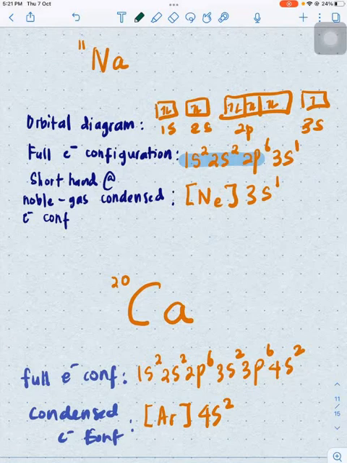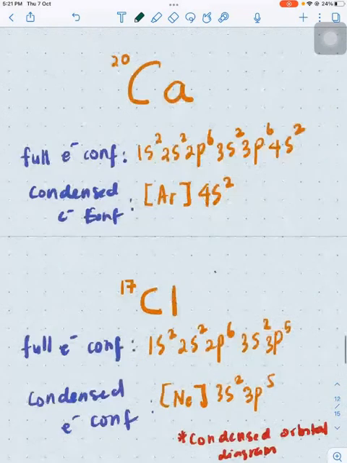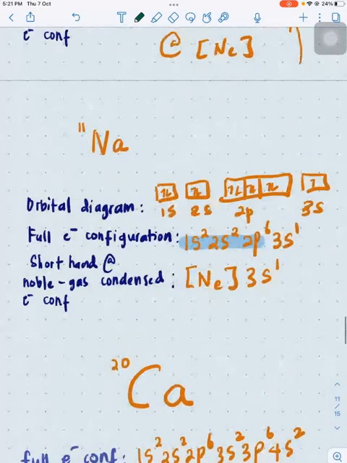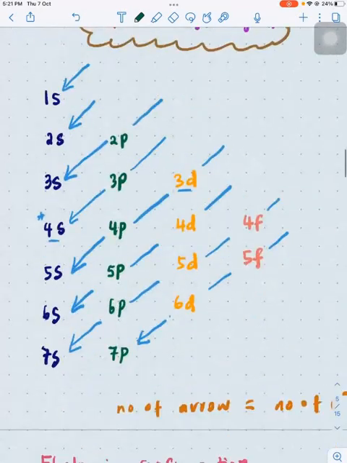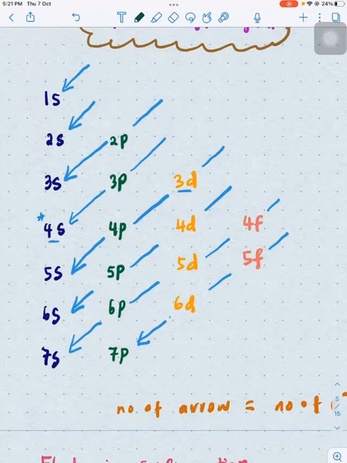So selepas 3p6 then it will be followed by 4s kan, kita ikut pada Aufbau diagram. Lepas dah penuh 3p6, kita akan go for 4s, right? Bila 4s dah penuh, kita akan pergi ke 3d.